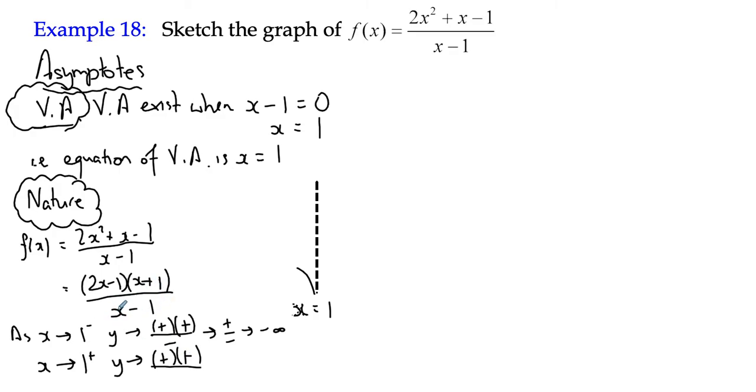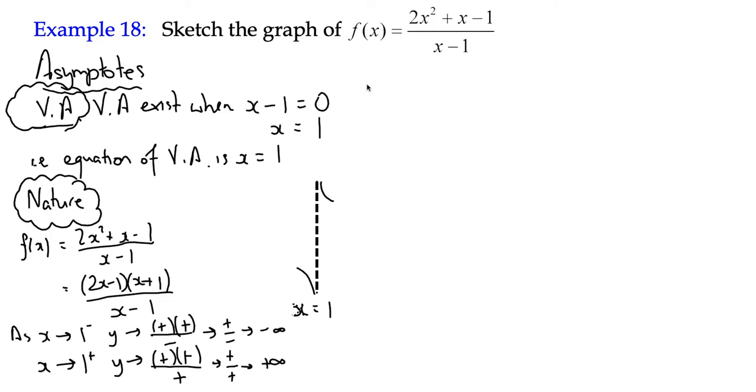But the denominator here, if x is just over 1, subtract 1 from that, you'll get a positive value. So I've got a positive numerator divided by a positive denominator, which gives me a positive value, which tells me that as x tends to 1 from just over 1, it's going to be up towards positive infinity. So that's my vertical asymptote.